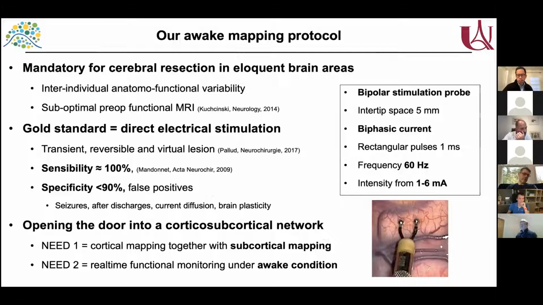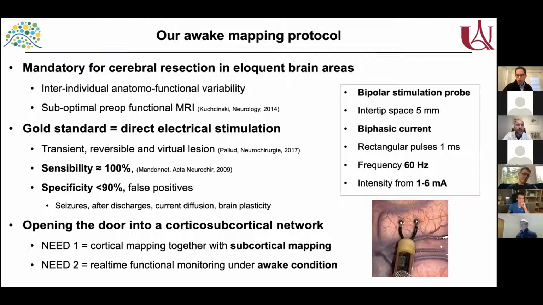And I envision direct electrical stimulation not to highlight a particular eloquent brain area, but to interact with a part of large subcortical and cortico-subcortical networks. This has two implications. The first one is that the cortical mapping must be performed together with the subsequent subcortical mapping.